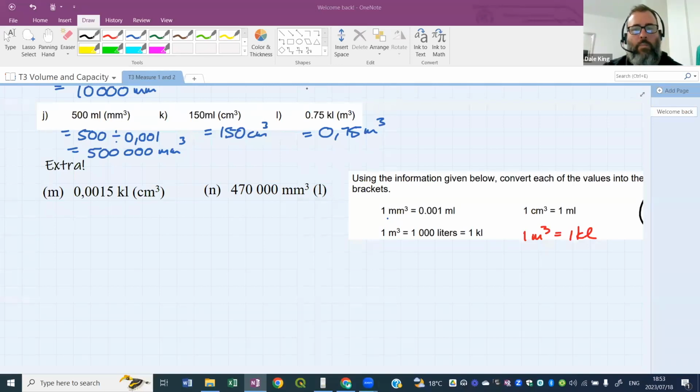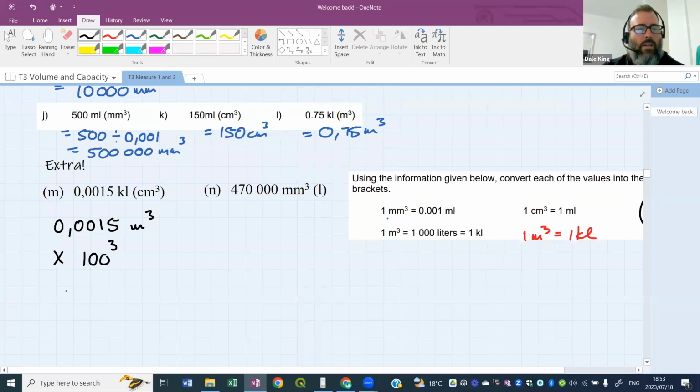I said 0,0015 times... I put that into meters cubed. Good. And then I multiplied that by 100 centimeters cubed. Sorry, I didn't get that last part. You multiplied it by? 100 cubed.